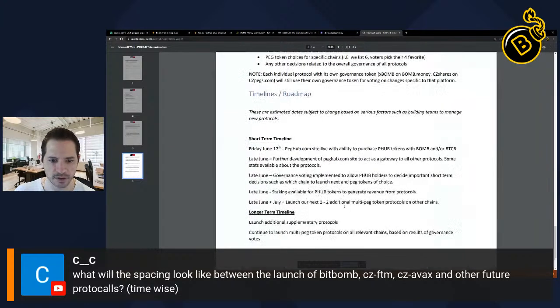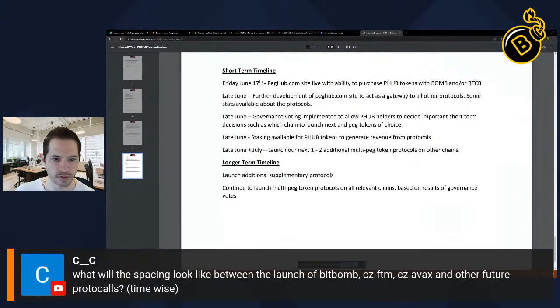Okay, so I said here, late June and July, launch our next 1 or 2 additional multi-peg protocols. Okay, so definitely during the month of July, we will launch at least 1, if not 2, of the other protocols. Probably Phantom and AVAX will likely be the next 2, or maybe Polygon. I think those are the 3 that are going to be launched next, and then probably ETH shortly after.